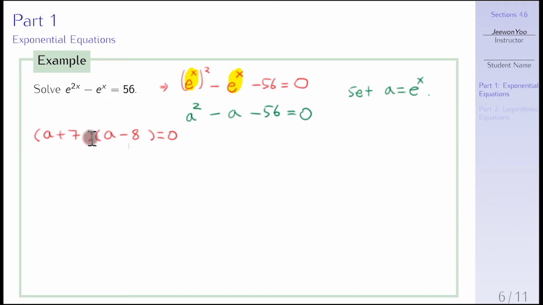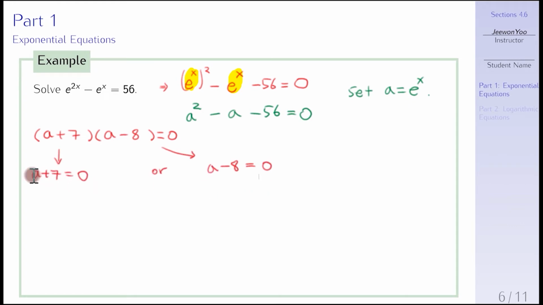So a plus 7 times a minus 8 equals 0. This is the factored form of this trinomial. Everyone, we have two cases: either a plus 7 is 0 or a minus 8 is 0.